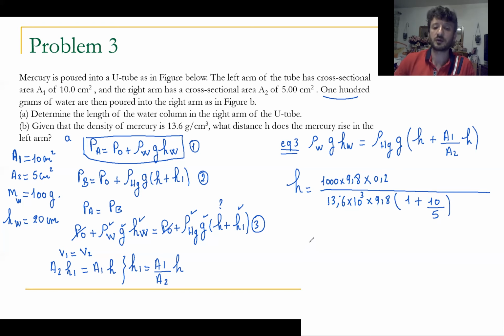Okay, we can calculate the value of H. It will be 0.490 meter. This is the height of the mercury above the initial level.